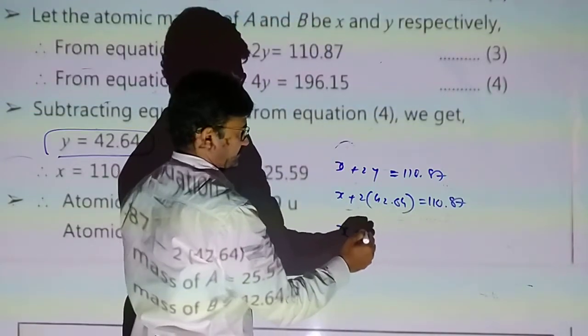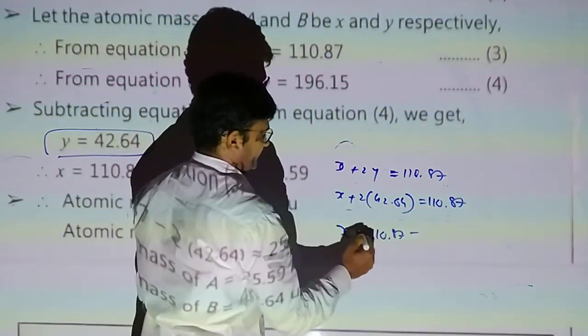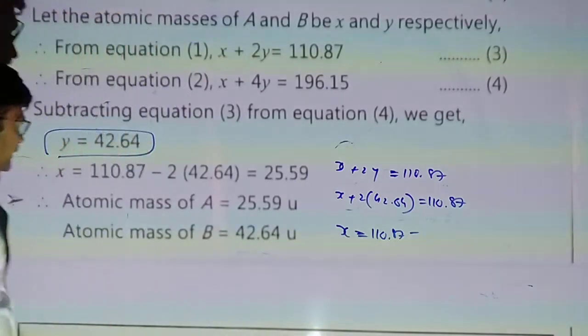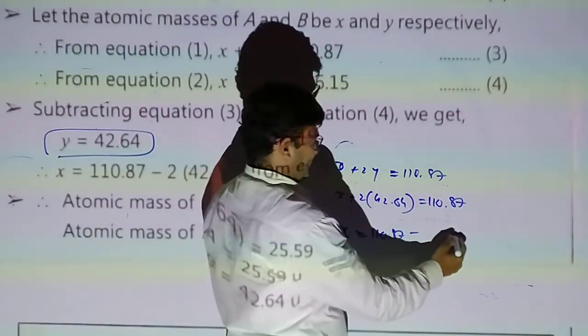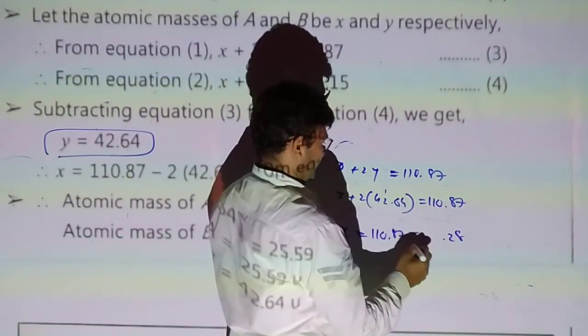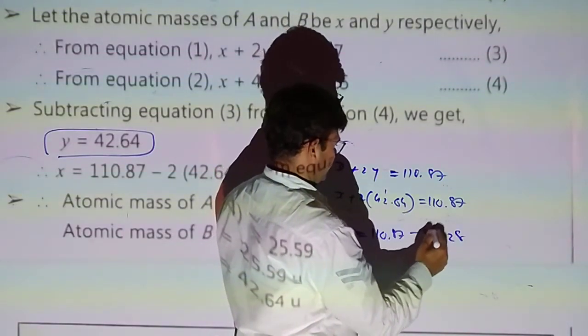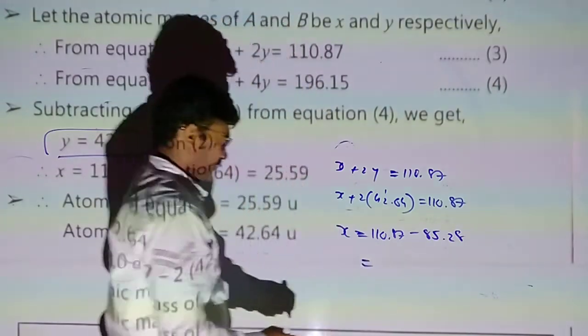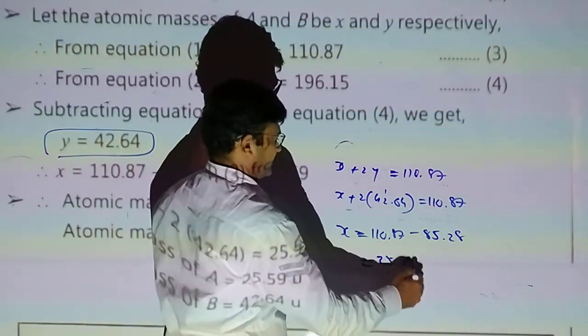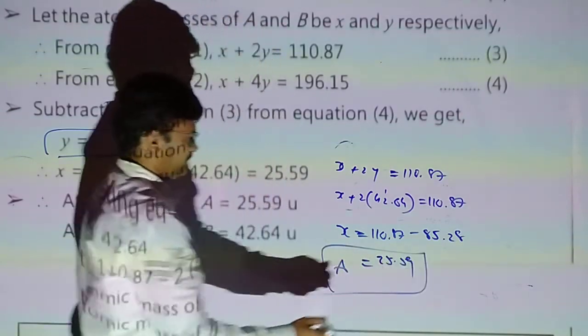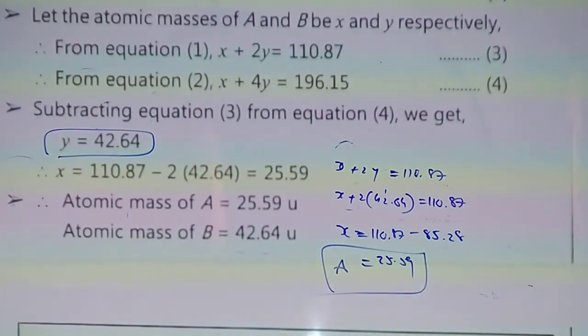So 110.87 minus the multiplication of both, 85.28. So X will be 25.59. X means mass of A, the atomic mass.